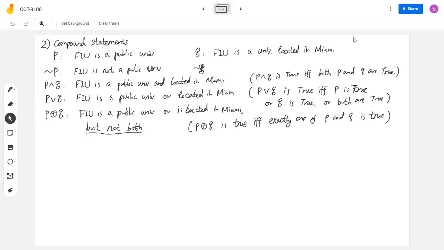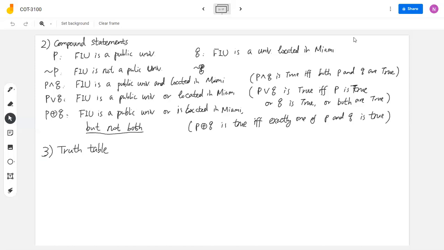Let's move on to the next topic. The next topic is we are going to discuss what a truth table is. A truth table is a very, very important notion, a very useful tool for verifying logic equations. So what is a truth table?